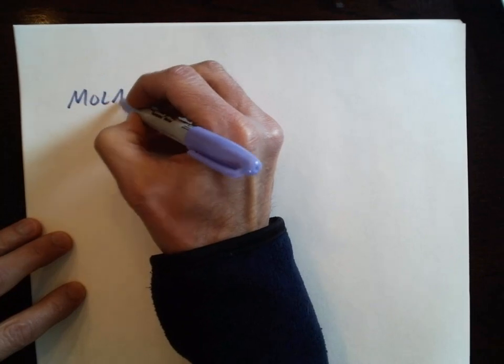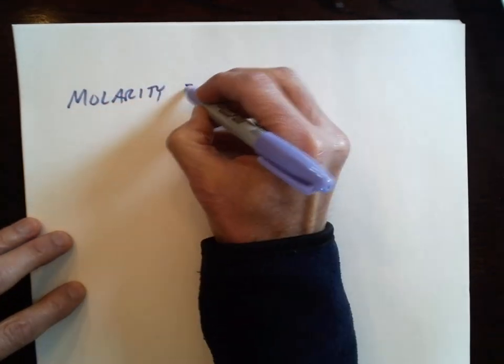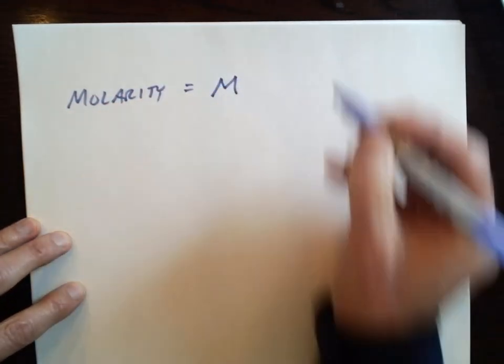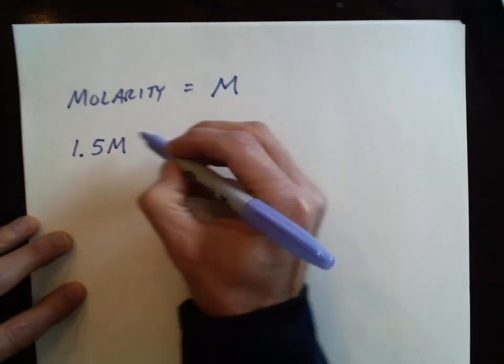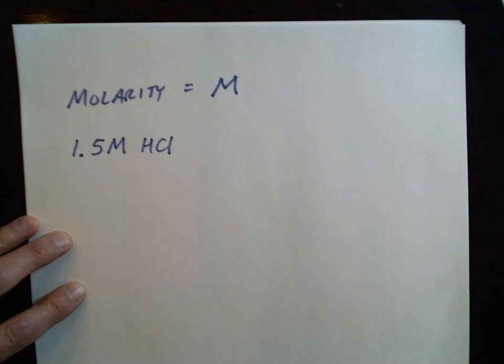Molarity you've heard before. We discussed that a lot last semester. Molarity is going to be abbreviated with a capital M. So you might remember last semester I may have talked about a 1.5 molar solution of hydrochloric acid.